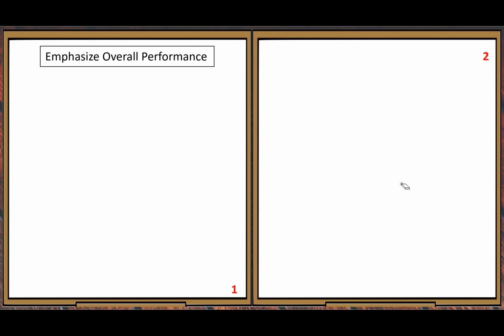Before I talk about this, you can look at the title of this one, emphasize overall performance. We can recall a few of the advantages of our previous sorting algorithms. Selection and bubble, I do not talk about, because those two are very slow.